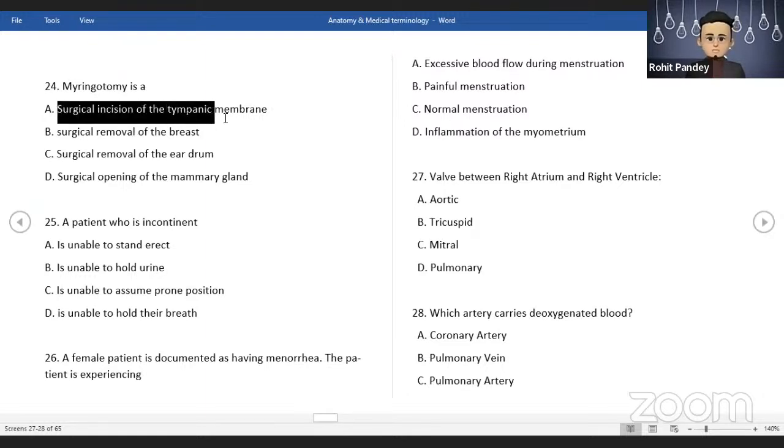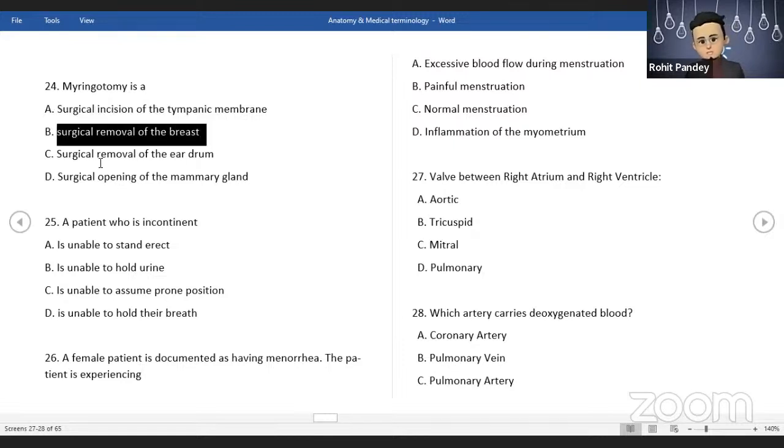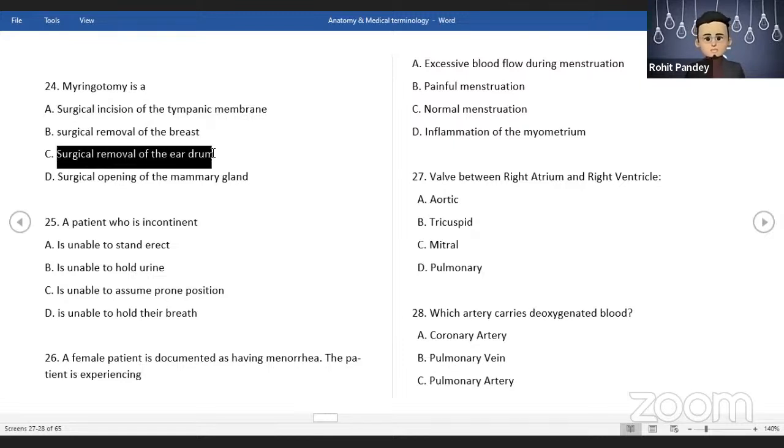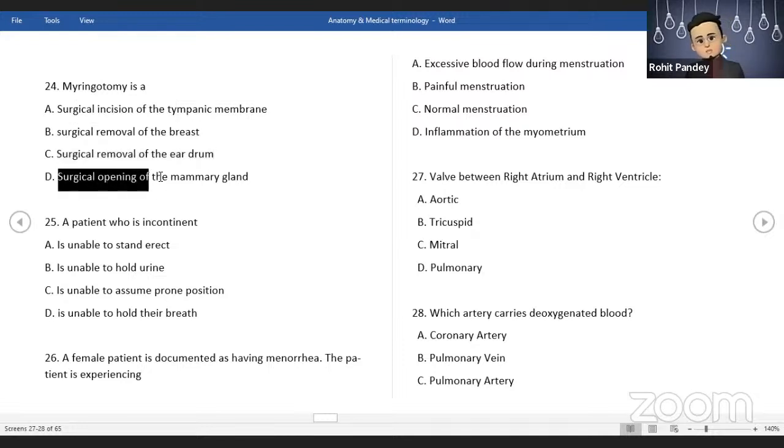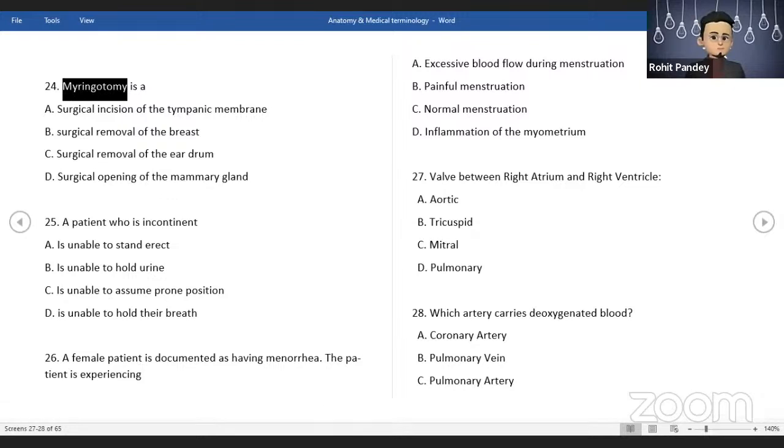Okay, surgical incision of the tympanic membrane, surgical removal of the breast, surgical removal of the eardrum, surgical opening of the mammary gland. So the answer is, let me check.